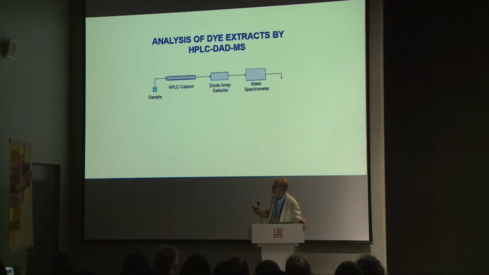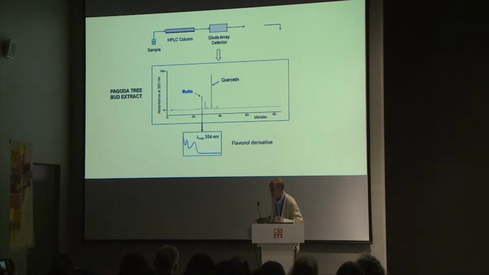And the methodology we use, which is becoming fairly standard now, is to take the dye extract, run it through an HPLC column to separate the components, then analyze it with a diode array detector and a mass detector. Now, if you don't use the mass detector, you use only the diode array detector.